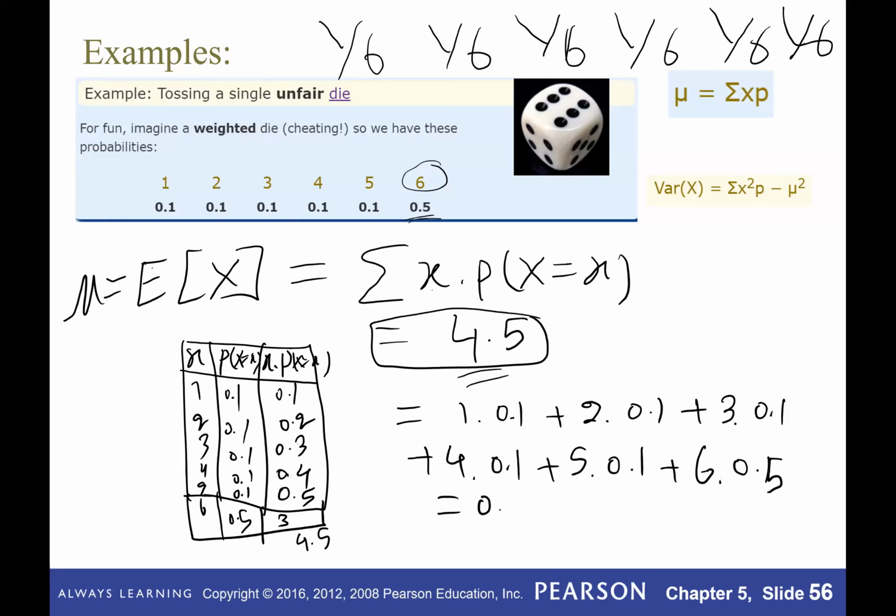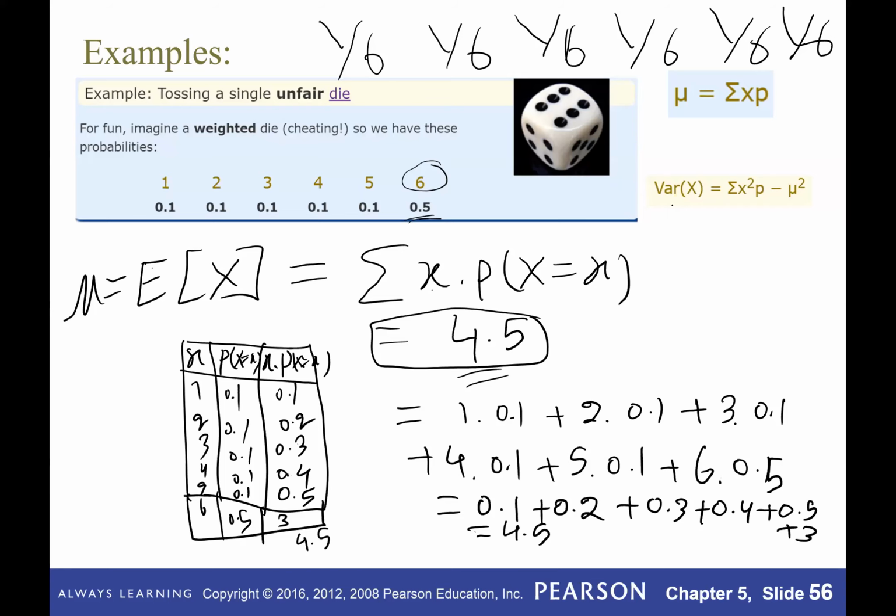So then it will be 0.1 plus 0.2 plus 0.3 plus 0.4 plus 0.5 plus 3, which is 4.5. So this is the expected value. Is it clear? Do you have any question? Okay, thank you.